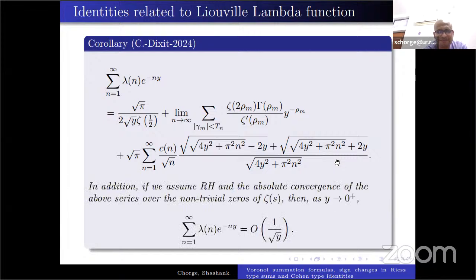And further, if we assume the Riemann hypothesis and absolute convergence of this series involving zeta zeros, then as y goes to 0, we get this type of bound as well. This summation is nothing but big O of 1 over root y as y goes to 0.